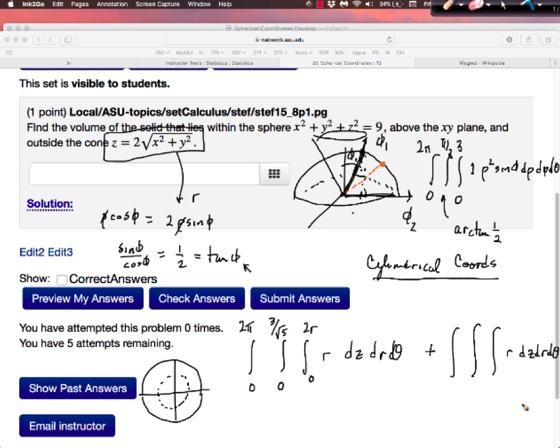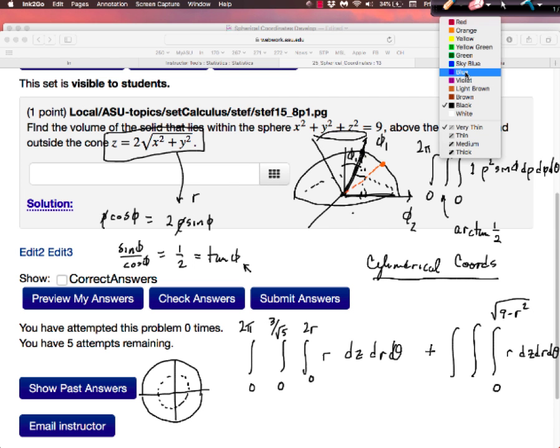So what does this z go from? z goes from 0 to root 9 minus r squared, the sphere solved for z, and then put in r and theta coordinates. So this first integral was what?